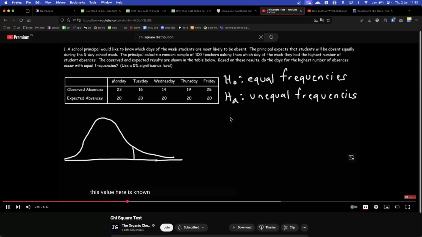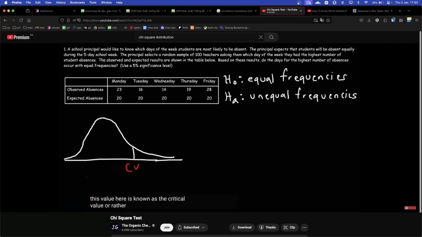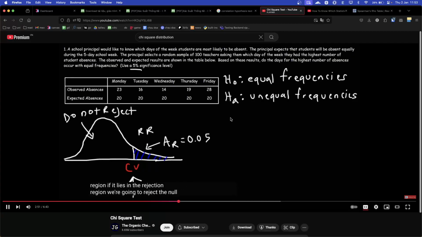This value here is known as the critical value, or rather the critical chi-square value. It separates the rejection region from the do not reject region. So this is the region where we're going to reject the null hypothesis.